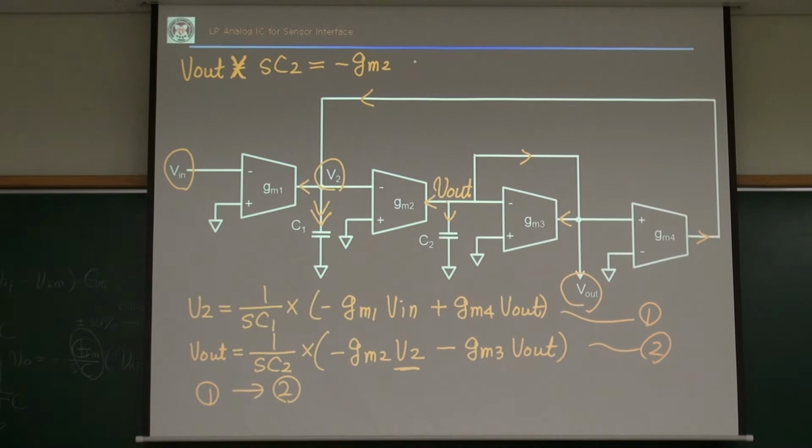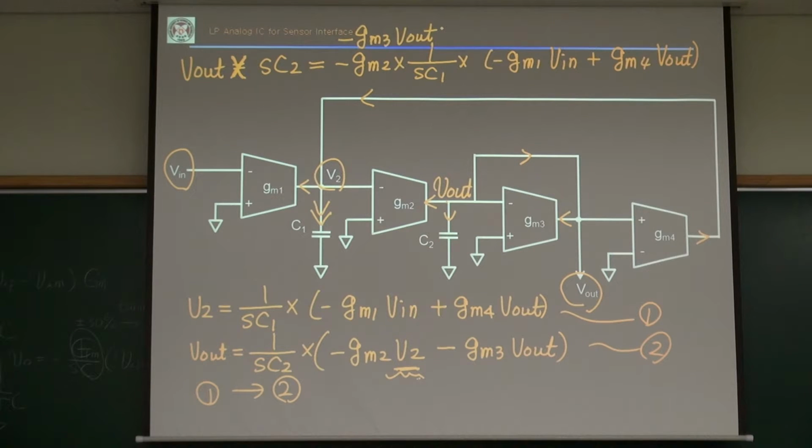What's GM2 V2? 1 over SC1 times minus GM1 V in plus GM4 V out, right? This is where I substitute until here, minus GM3 V out.